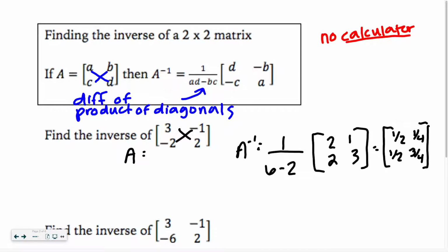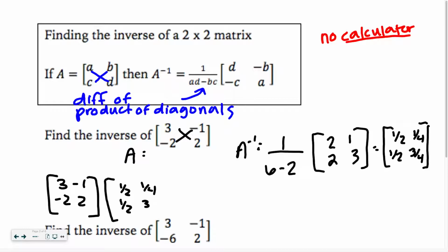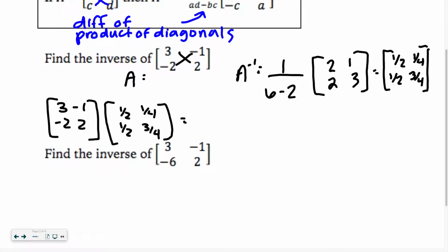Okay, any questions? Just real quickly, I'm going to take my original matrix, which is 3, -1, -2, 2, and my inverse matrix, 1/2, 1/4, 1/2, 3/4. I already kind of know what should happen, but I just want to illustrate one more time the properties of these inverse matrices. If I multiply a 2 by 2 by a 2 by 2, I'll get another 2 by 2.